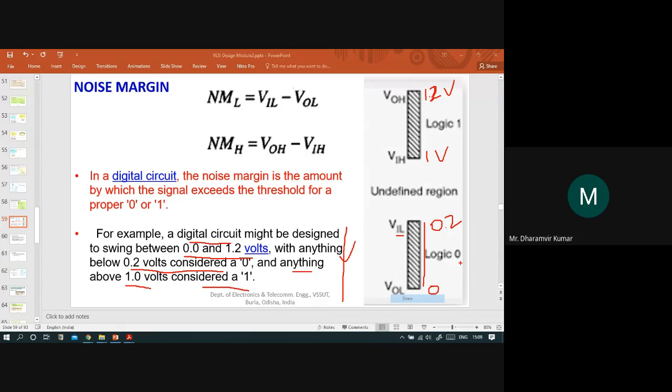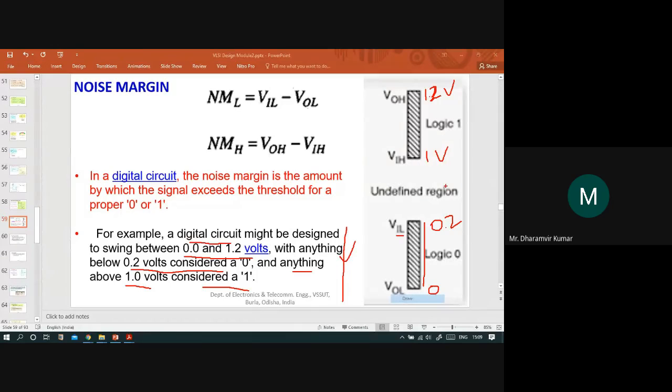The high noise margin is VOH minus VIH, that is 1.2 minus 1, equal to 0.2. So in this case, high noise margin is equal to low noise margin, but it may not be the case in every other situation. This is just one example. This is clear, how to define the low noise margin and high noise margin, right?